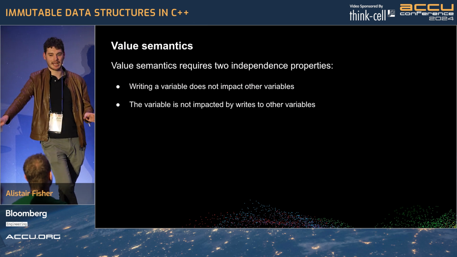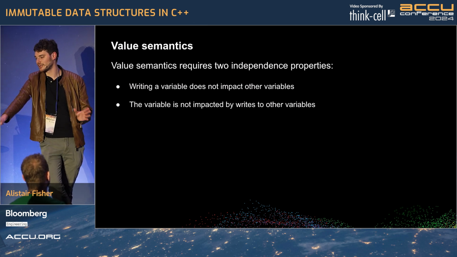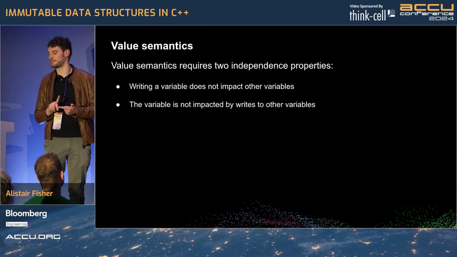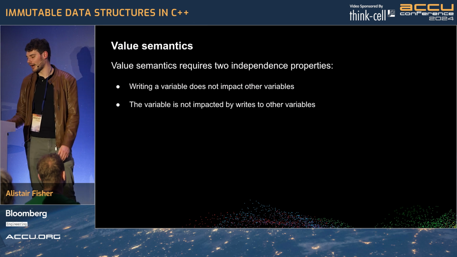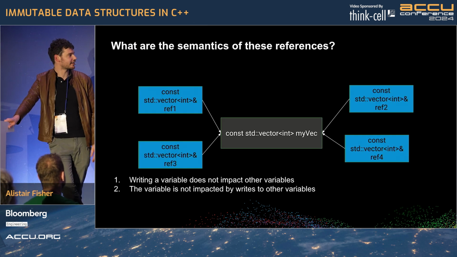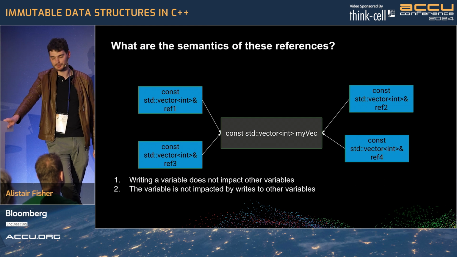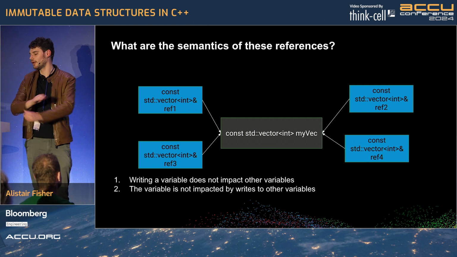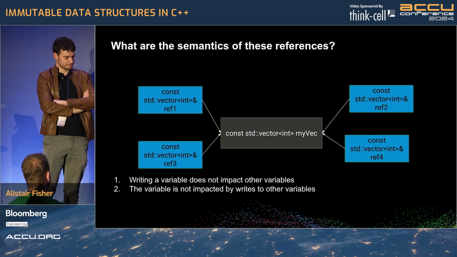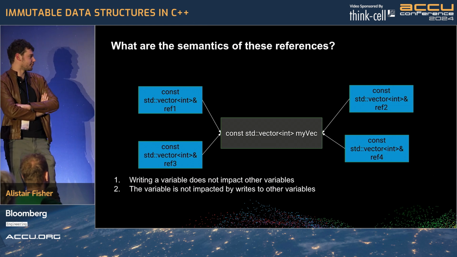So just to recap the earlier slide, value semantics require two properties. Number one, writing a variable does not impact other variables. Number two, the variable is not impacted by writes to other variables. Now let's look at some code. I've got a vector, I'm going to call it myvec, and I've got 4 references to my vector. All of these things are const. So my original vector is const, and all my references are also const.